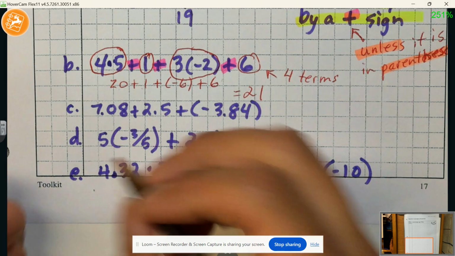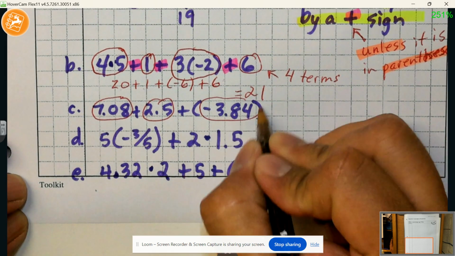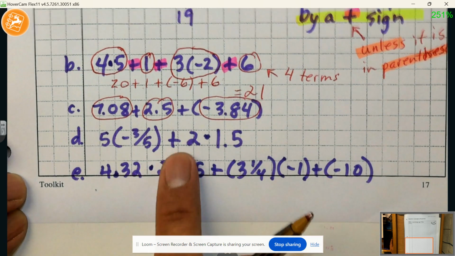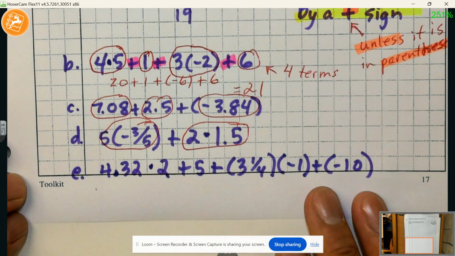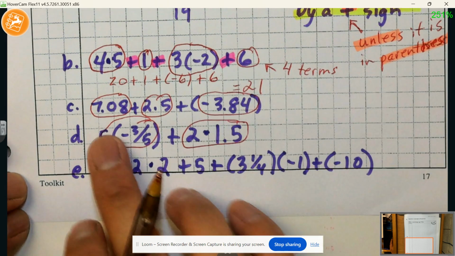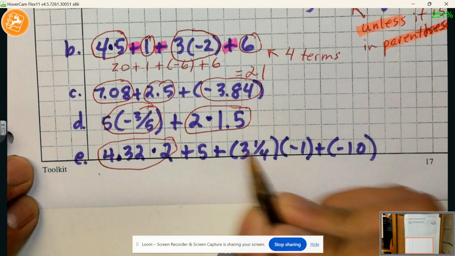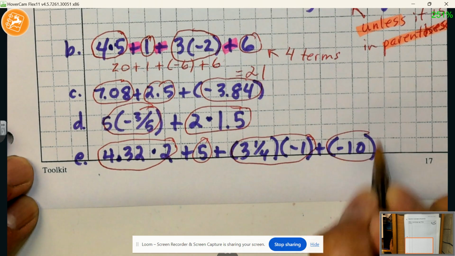All right, so what we should see here is 1 term, 2 terms, 3 terms. For the second one, there's our plus sign. We have 1 term, 2 terms. Multiply first, add last. And the last one is 1 term, 2 terms, 3 terms, 4 terms.